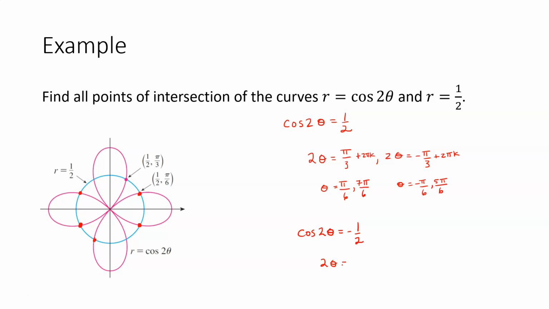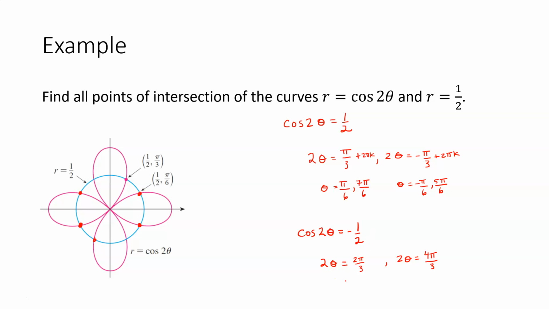So for instance, cosine of theta is equal to negative 1/2 at angles in the 3rd and 4th quadrants, which are 2 pi over 3 in the second quadrant and 4 pi over 3 in the third quadrant. Okay, so those will be the angles that give me cosine equal to -1/2.